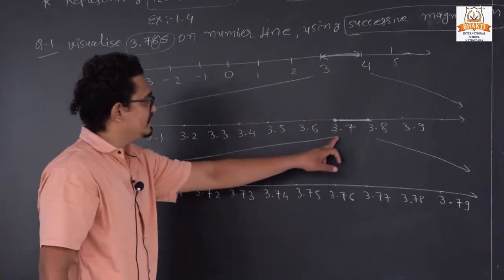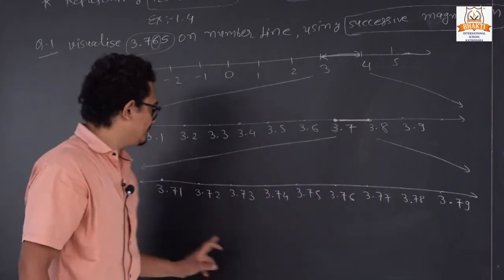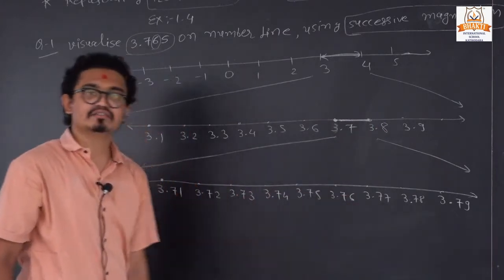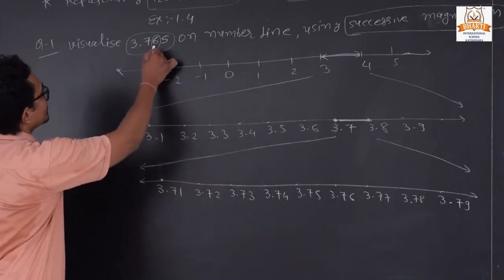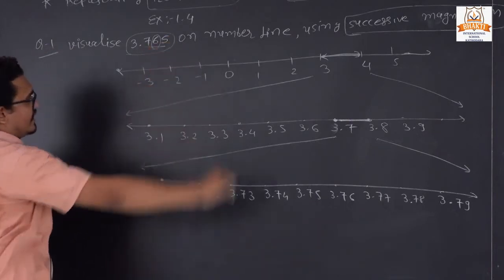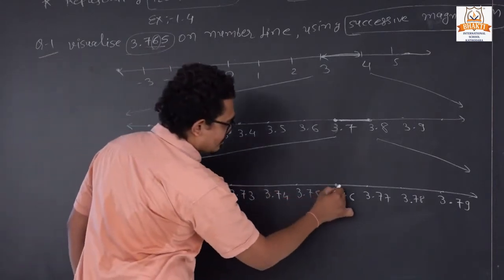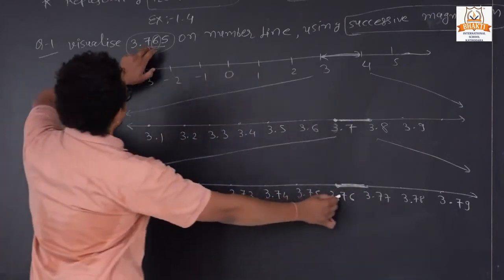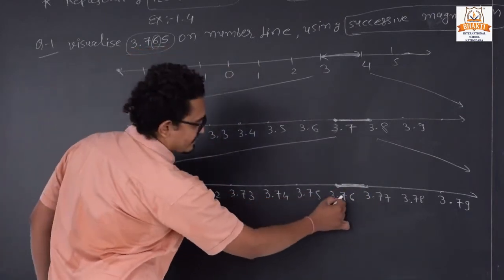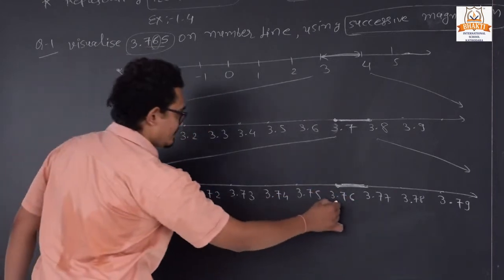So it is between these two numbers 3.7 and 3.8. We have that kind of all the numbers between them. Now see the last digit, 765. So 765 is between two numbers, because 760, then 761, 762 like that. So once again we can visualize.